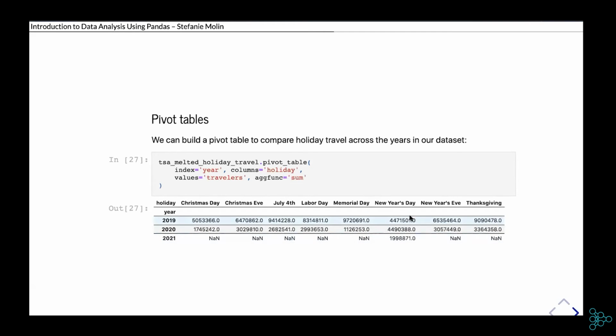So here, if you take a look, given when the data was collected, the only holiday where we can compare across all 3 years is New Year's Day. And you will get nulls for anything that does not have any data. But you can already see the huge drop-off, say if you looked at New Year's Eve from 2019 to 2020.